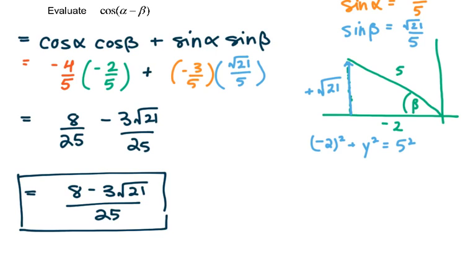And that is my exact value for the cosine of the difference of angles. I hope that helps make sense. Moving forward, we're going to talk about some further identities, the double angle and half angle identities.